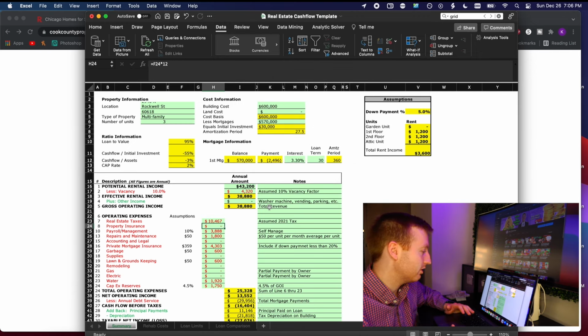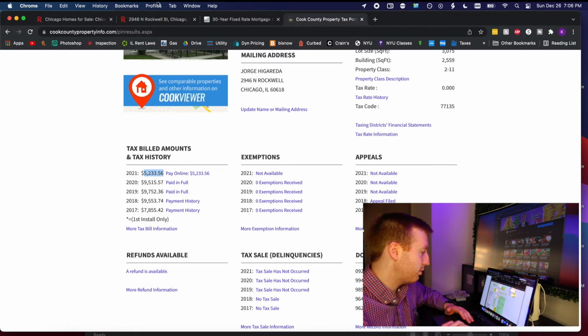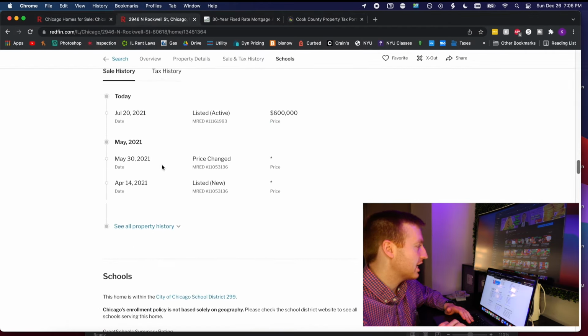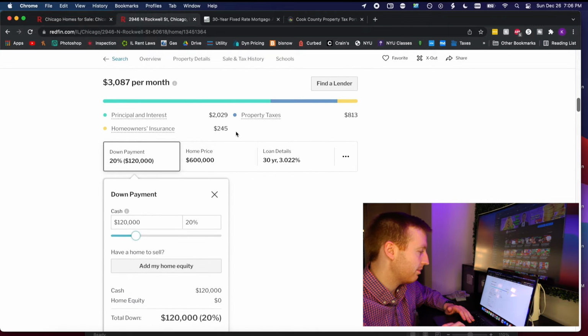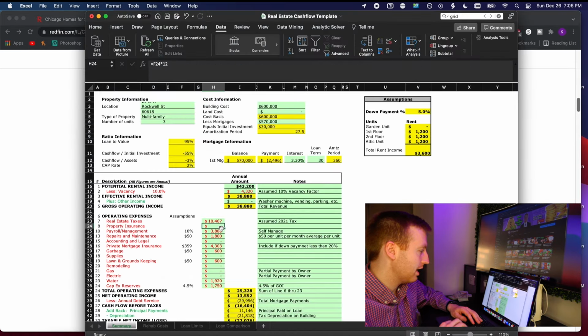So we're estimating that the real estate property taxes are almost $10,500. For property insurance, just to give a quick estimate, you should be able to get this from the actual Redfin page. So it's estimating $245 a month. So I'll just put that into the model.